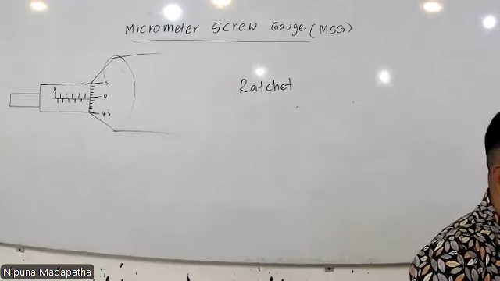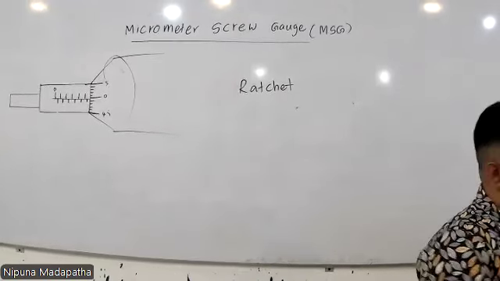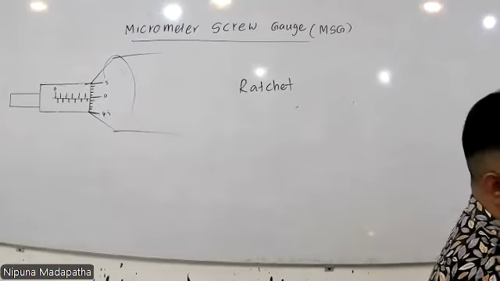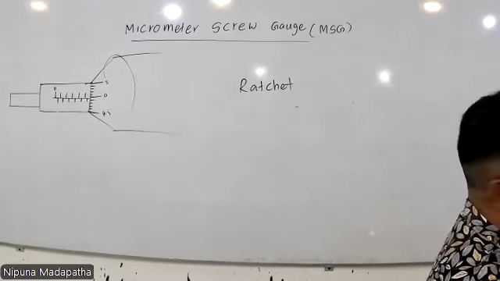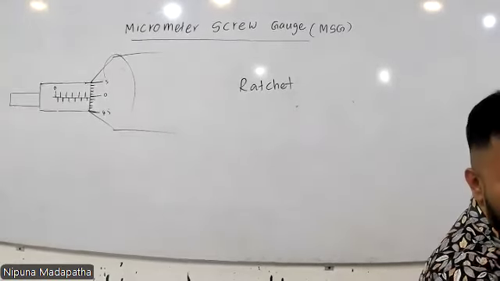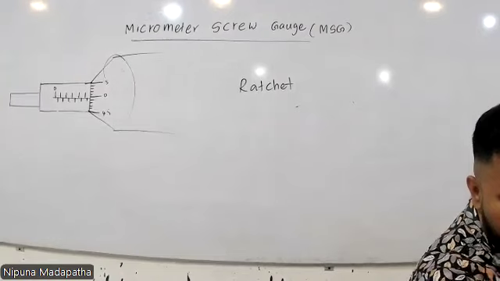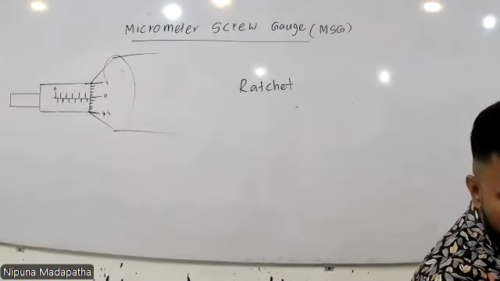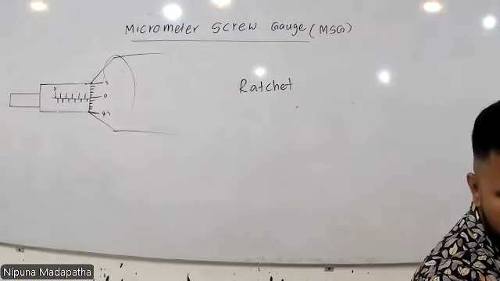It has a mark on this. So it is 0 to 25 millimeters. Right? 0 to 25 millimeters, which means a maximum of 2.5 centimeters you can measure. You cannot measure 5 centimeters from this.